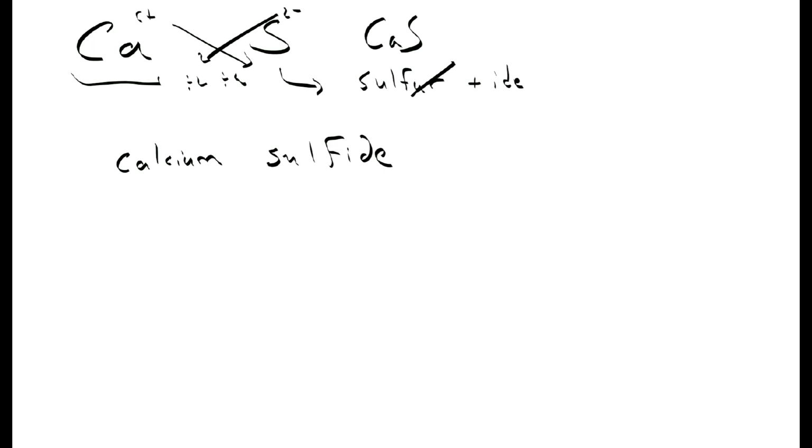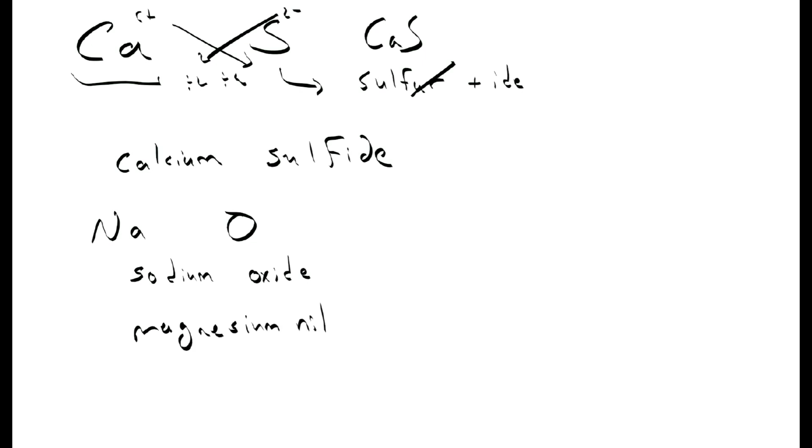Okay, similarly, you could have sodium and oxygen is sodium oxide. And then remember from 9 part 3, you have magnesium. Nitrogen becomes nitride. Okay. So fluorine becomes fluoride.